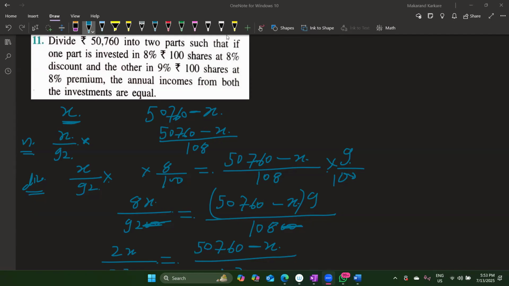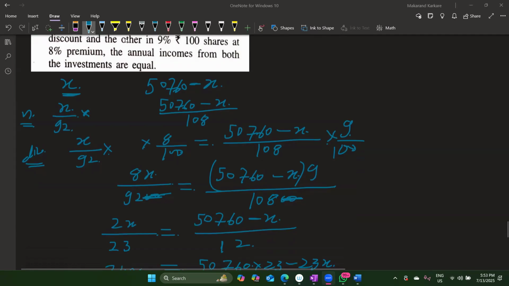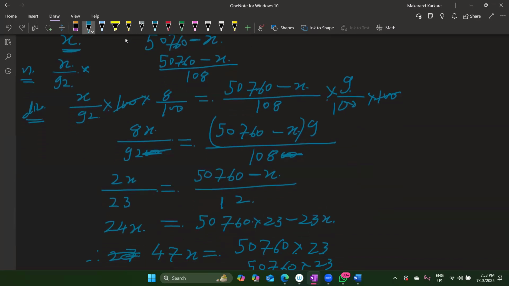Now, in the first case, there is 100 here, but both are 100 rupee shares, so that 100 gets cancelled. So x upon 92 into 8 upon 100 is equal to 50,760 minus x upon 108, which is number of shares into 9 upon 100. If I reduce it, I get 2x upon 23 is equal to 50,760 minus x upon 12.